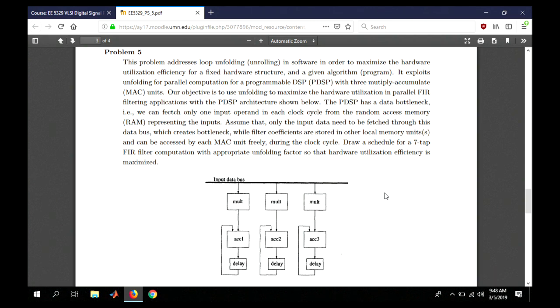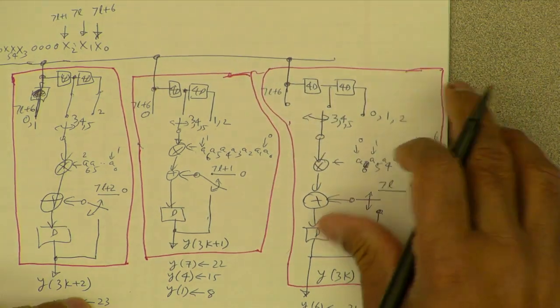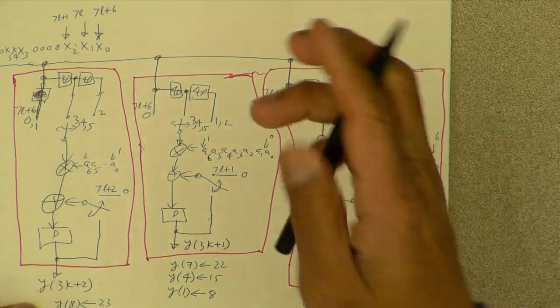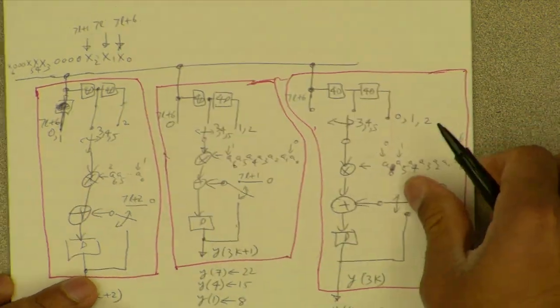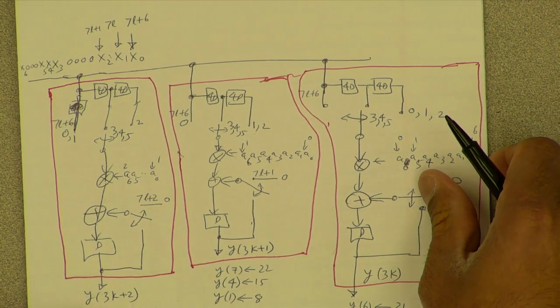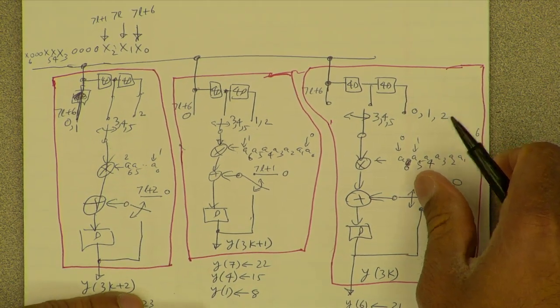Okay, let's get back to the paper here. So that's the data bus. This is the solution now, which I am not going to give you now, but we'll post that after you turn in your homework.